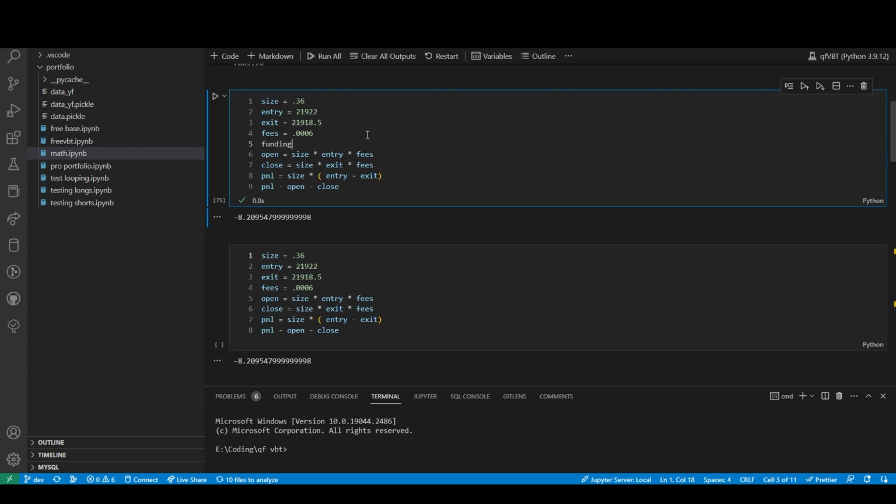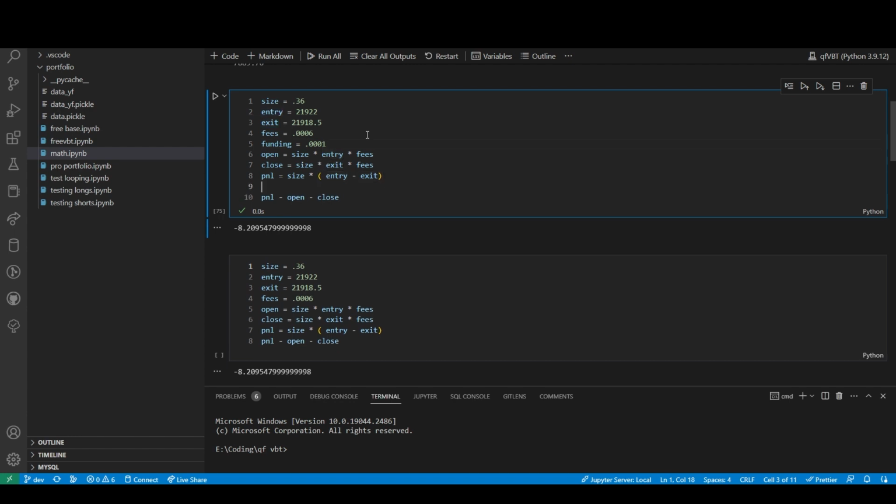So, funding equals 0.0100. So then, funding fees paid equals, what is it?